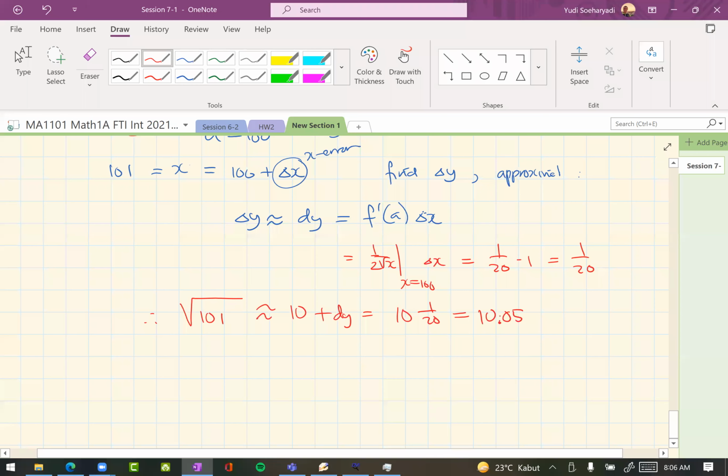So now you can check your calculator for the square root of 101.